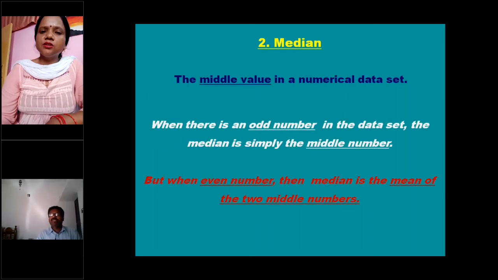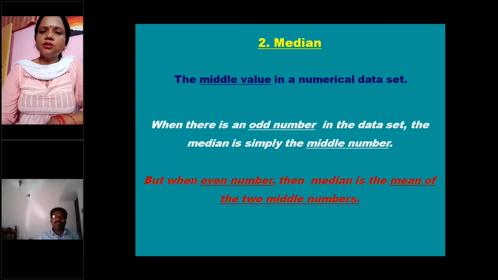The second one is the median. The median is another measure of central tendency. It is simply the middle value in a numerical data set. Here also, sometimes the data set contains an odd number or even number of values.